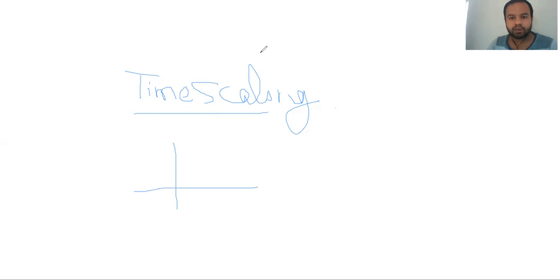Let me increase the width. Suppose we are having this signal, and let me draw it. This time we are taking a signal like this, and suppose this is plus 1 and this is minus 2.